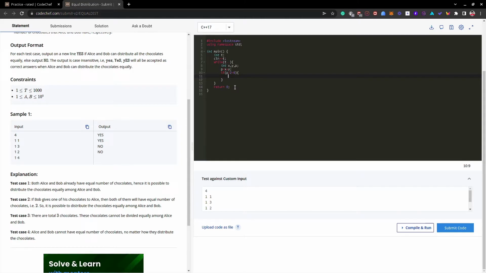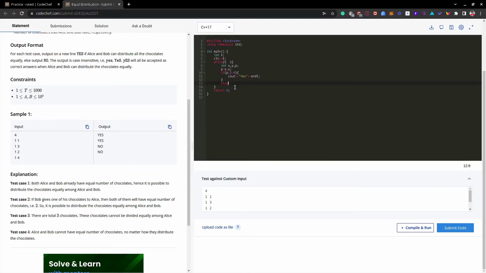If it is divisible, then cout yes, and else cout no.